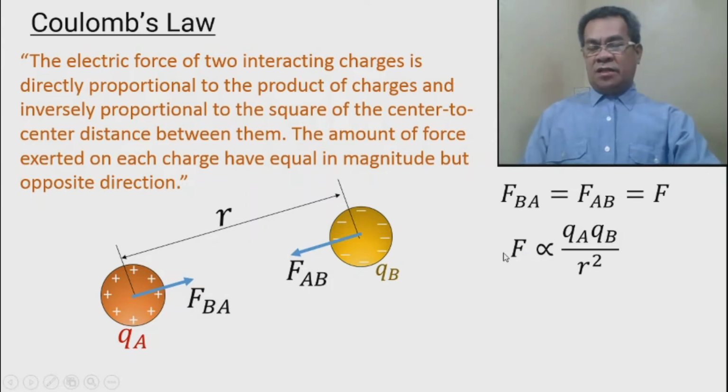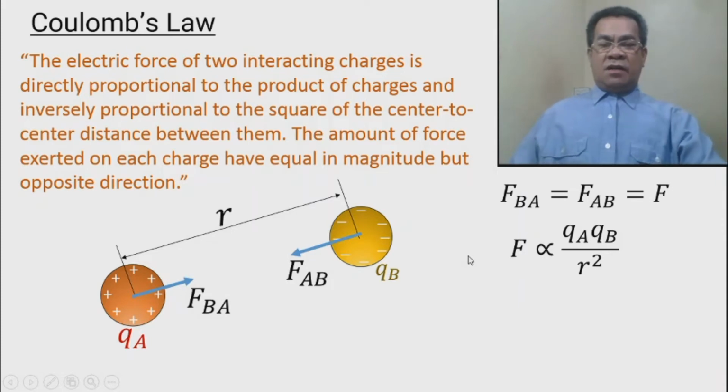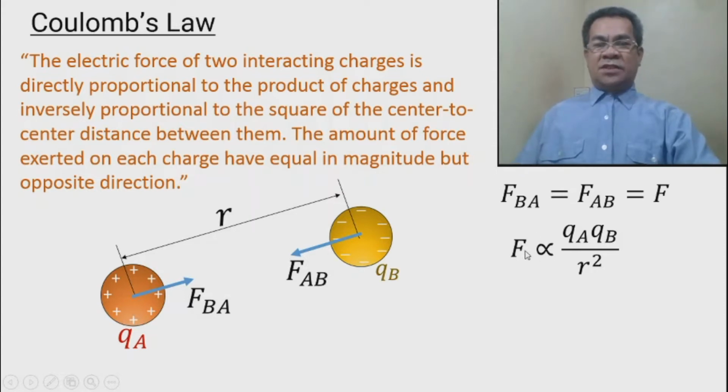The smaller the distance, the greater the force. But the greater the distance, which means if they are far away from each other, then the force gets lesser and lesser until it approaches zero. So at an infinite distance, force is approximately equal to zero.